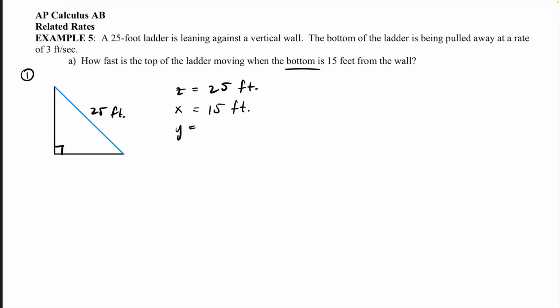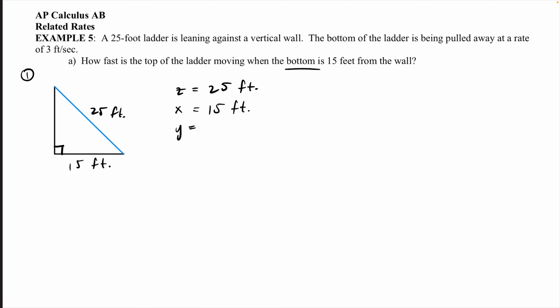Yeah. If this is 15 here, instead of having to do the Pythagorean theorem again, is there another way we can figure out the missing side? What type of triangle is it? A right triangle. What kind of Pythagorean triple is it? It's a 3, 4, 5.